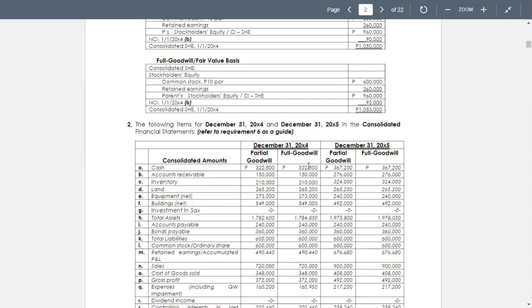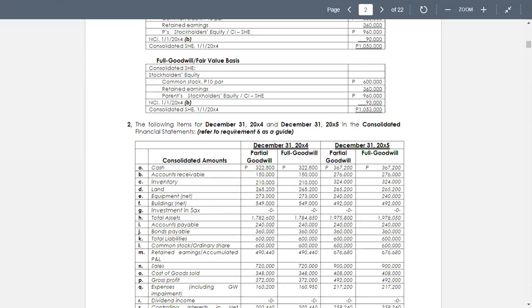Land, again, we are adding 210. And we have the amount of 48, no? That's for land. So 258,000. However, there's an adjustment for land, if you have noticed, in your land account: 210 plus 48 makes 258.